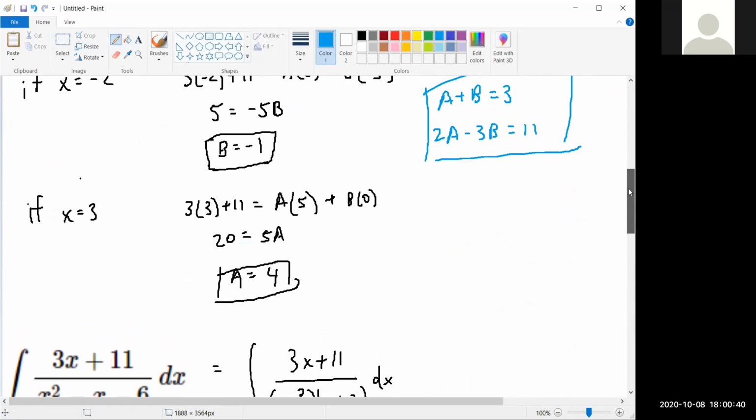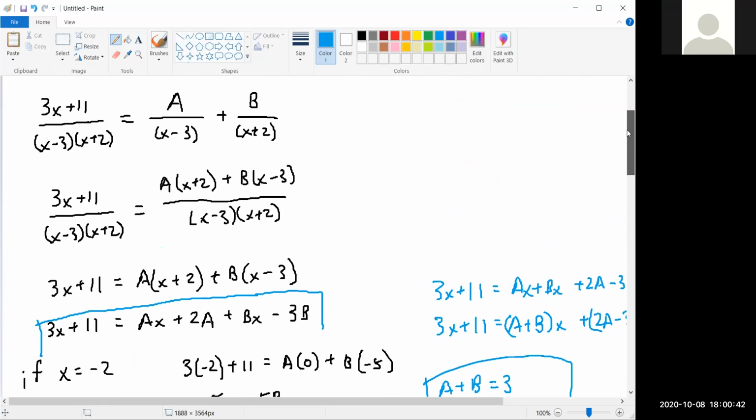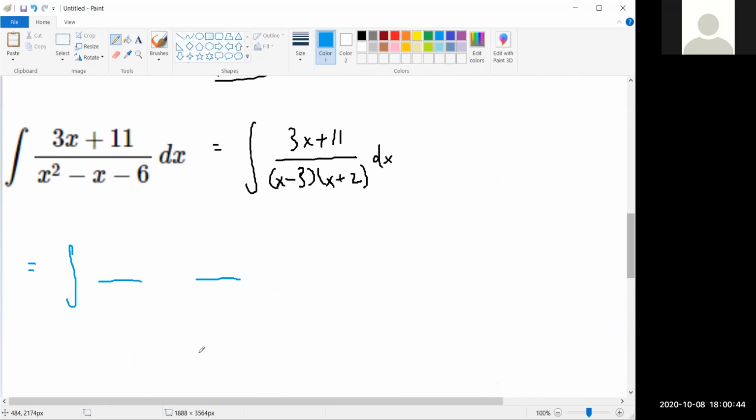So a is 4 and b is -1. Okay. So a was 4 and b was -1.